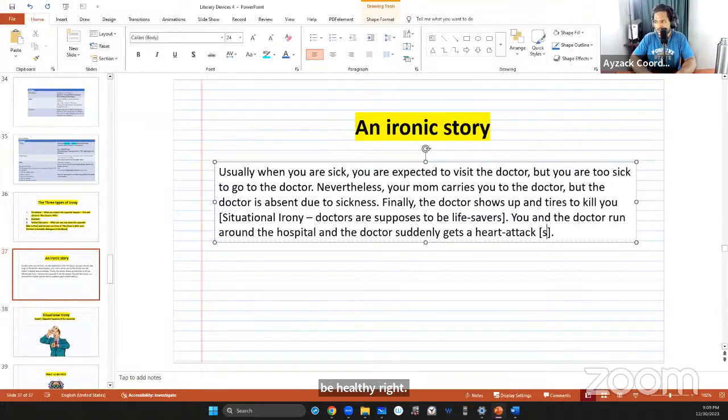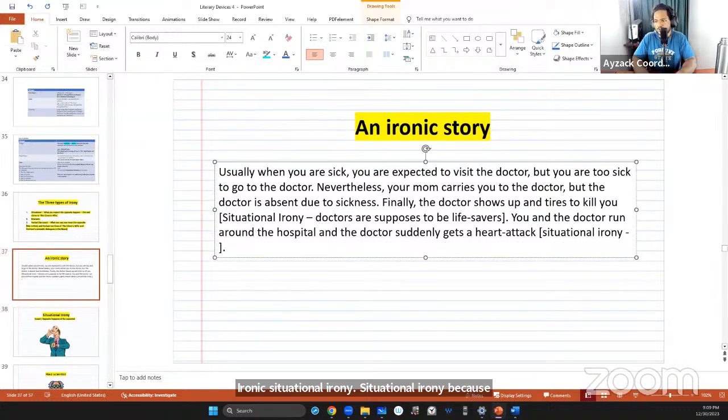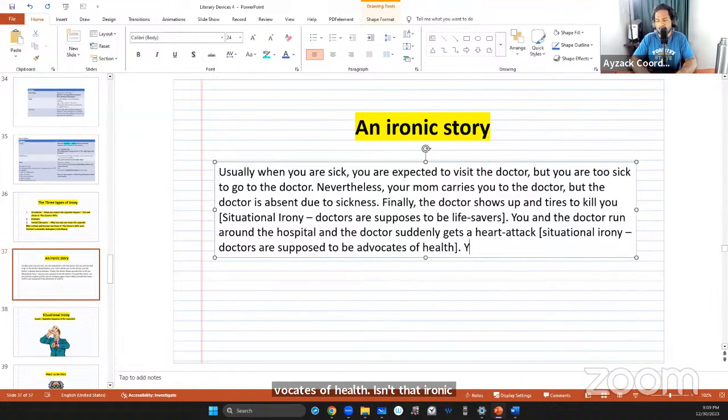Situational irony, because doctors are supposed to be advocates of health. Isn't that ironic? The doctor gets a heart attack. You give the doctor CPR and save his life.